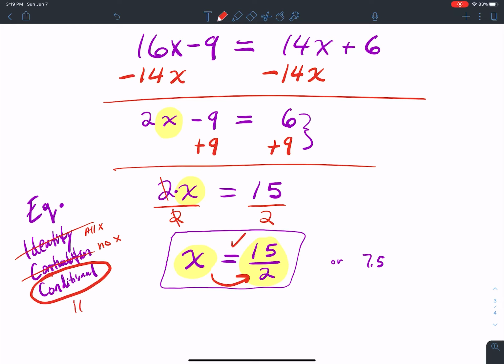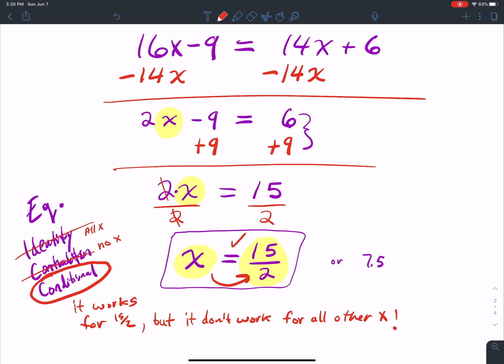Why is it conditional? Because it works for 15 over 2, but it doesn't work for all other x, okay?